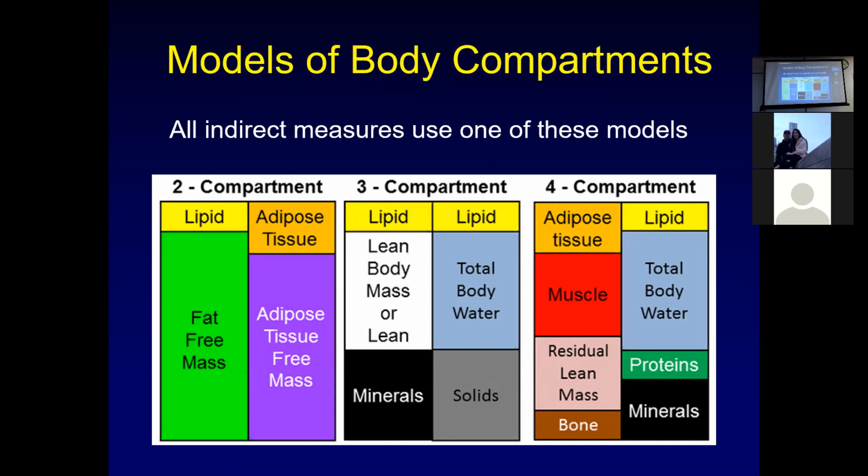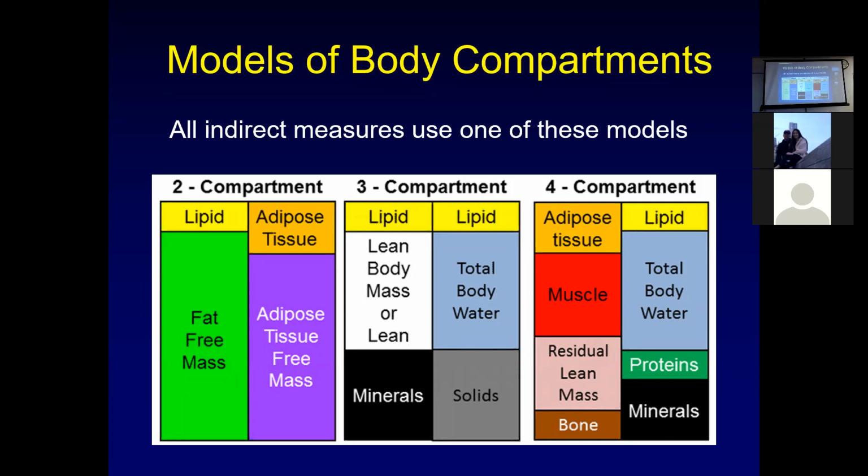That non-adipose tissue is going to be water and muscle and bone and organs and all of those things. Basically everything that is not lipids or adipose. We often call the 2-compartment model fat mass and what we call fat-free mass, or FFM. Fat, everything else.